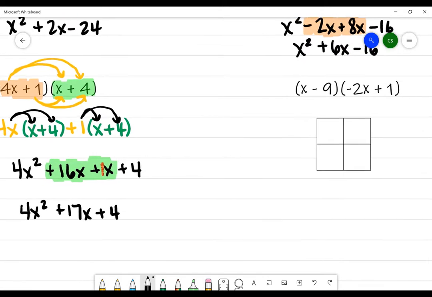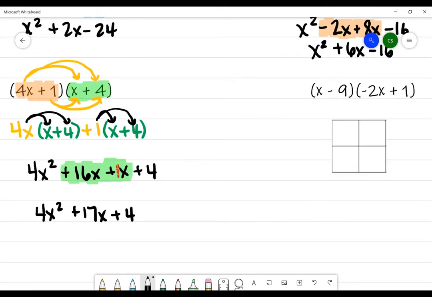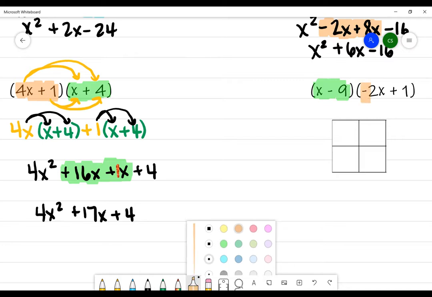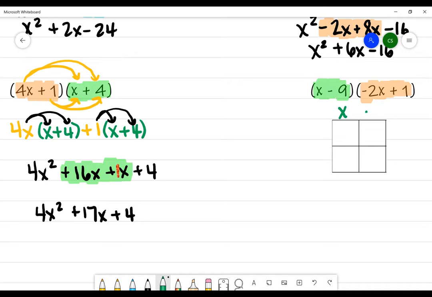All right, and we'll do one with some coefficients in the box method. Remember, I'm lining one of the polynomials down, going down, and one going across. So if I wanted to do x and -9, and then -2x and a +1.